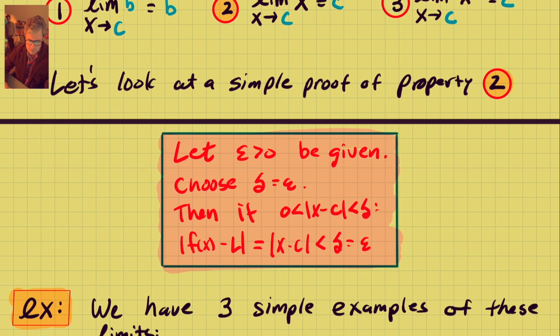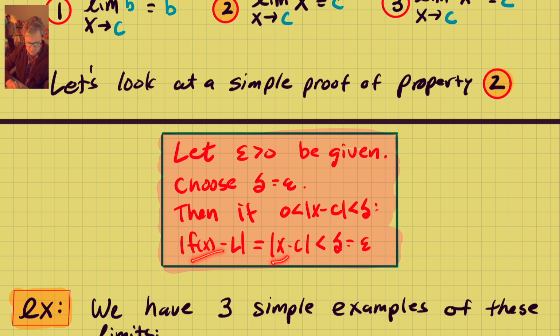This one is very simple. It's 4 lines. First step, let epsilon greater than 0 be given. So you give me an arbitrary length, and I will choose a delta. The delta I'm going to choose is just going to be the same as your epsilon. You give me an epsilon, and I'm going to let my delta be that. Then it's pretty trivial to see that if x is within delta of the limit point c, then |f(x) - L|. Now remember what this is, the identity function.